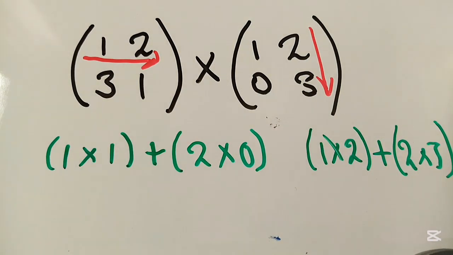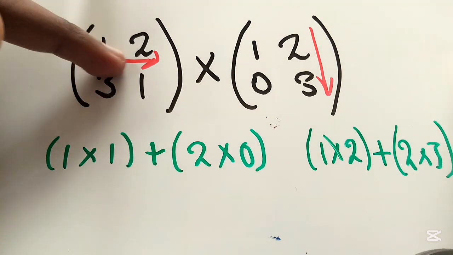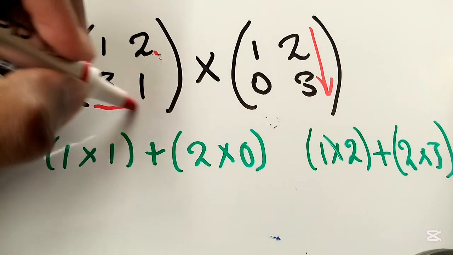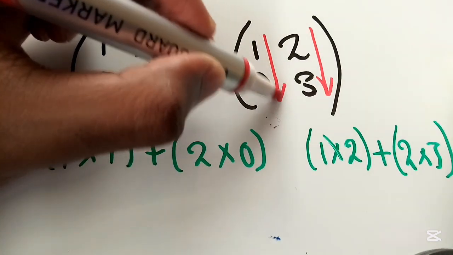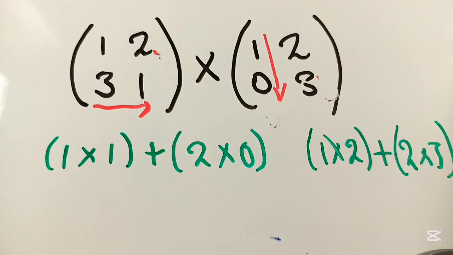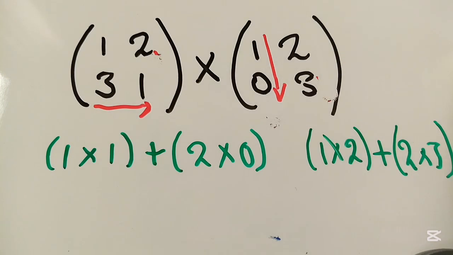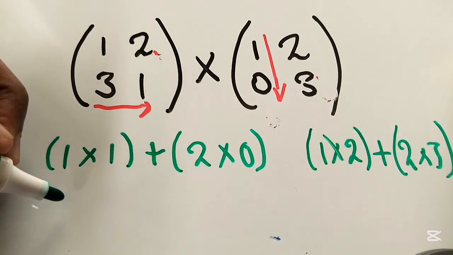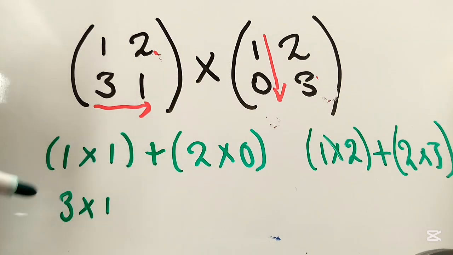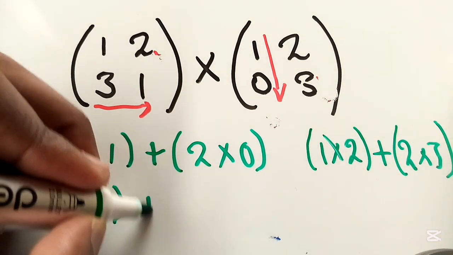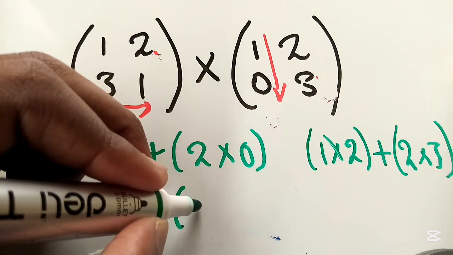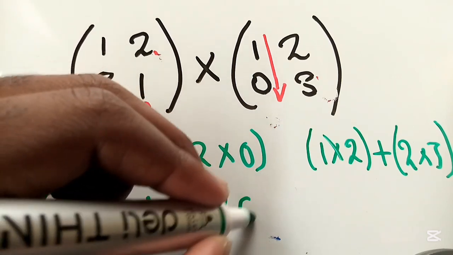Same thing for down. We're going to now say this row times this column. Same procedure. So it will just be 3 times 1 plus 1 times 0.